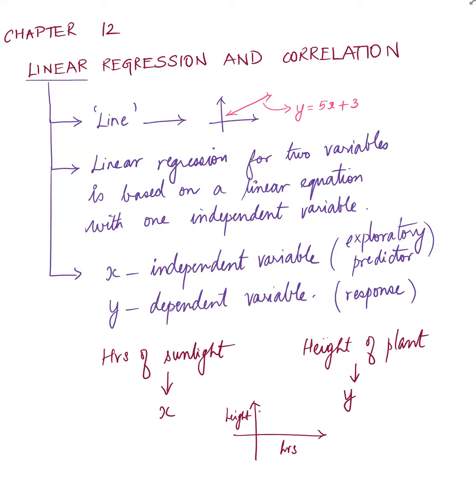However we measure it. And therefore, when I draw the line, it makes sense because my height will now be the y and my hours will now be the x. So if I plug in x as, say, 3 hours, I'll get a corresponding y as the height. Now, instead of hours of sunlight, say it was days of sunlight, then days would go on the x.